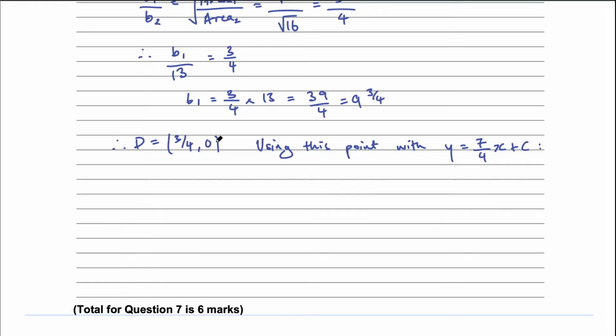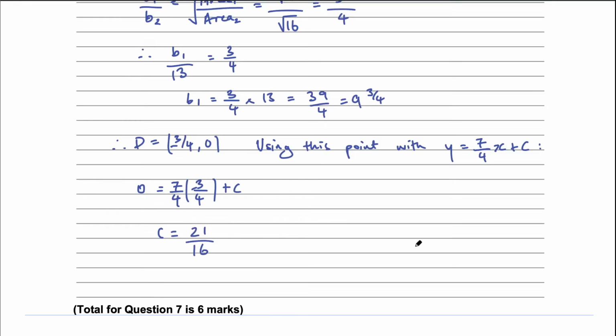Y is 0, we'd have 0 equal to 7 on 4 times 3 on 4, which is the x coordinate, plus c. Sorry, that's a negative 3/4, my apologies there. So this is negative 3/4. And then we would get negative 21 on 16, add that to the other side, c equals 21 on 16 for a final answer.